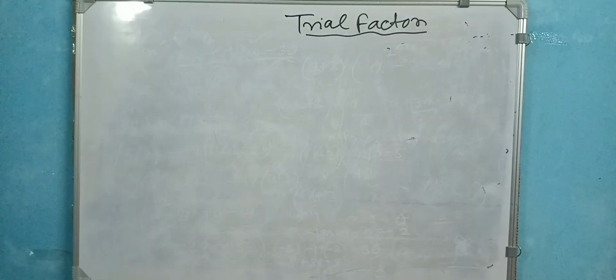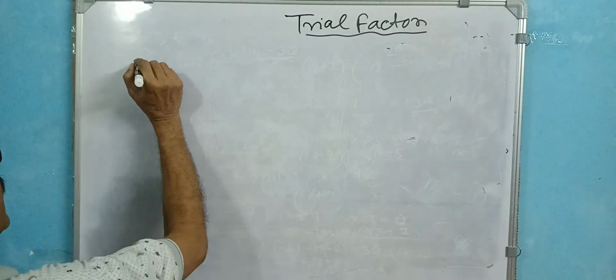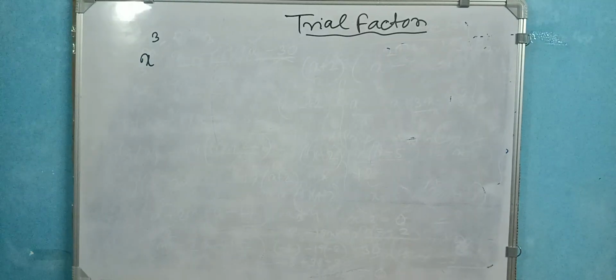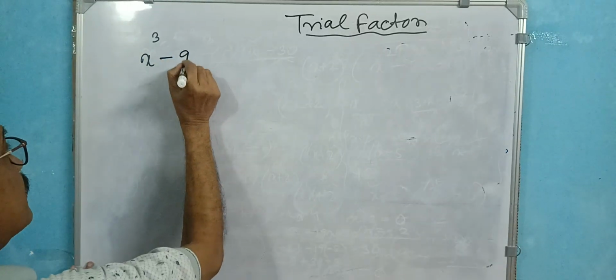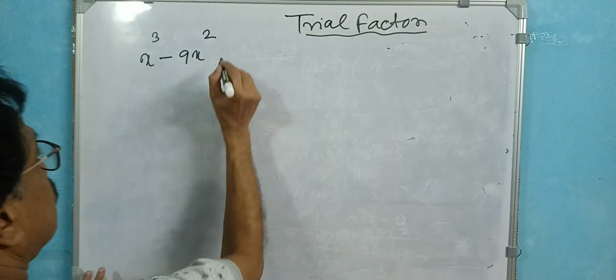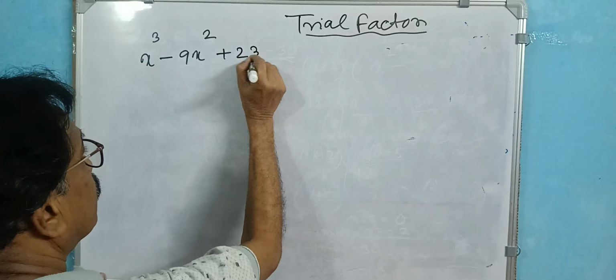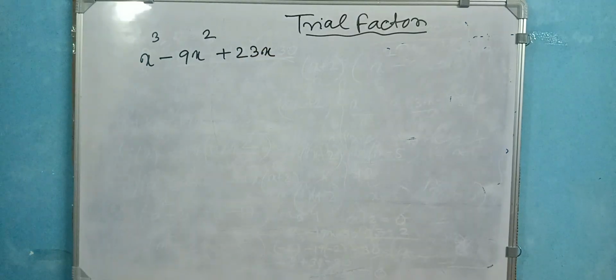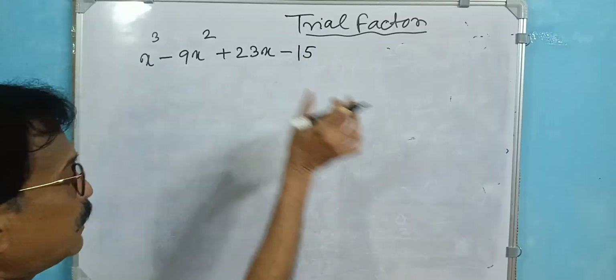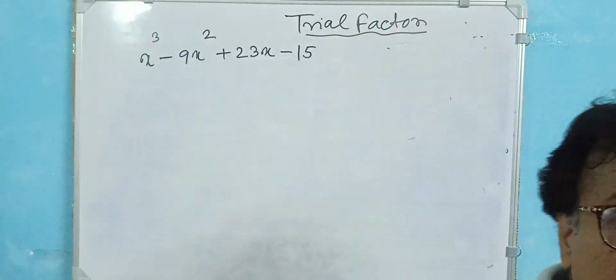Suppose one sum. This is x cube minus 9x square plus 23x minus 50. It's very complicated. Now you just cannot take the middle term out.